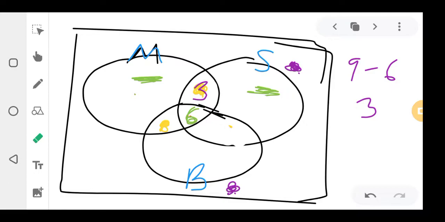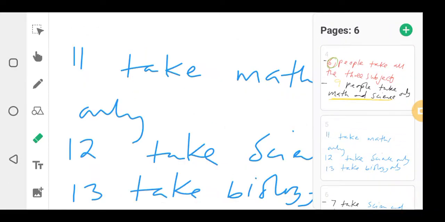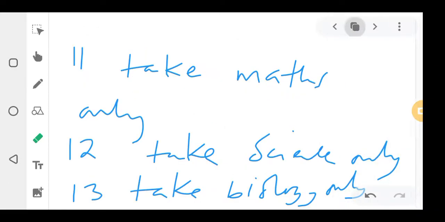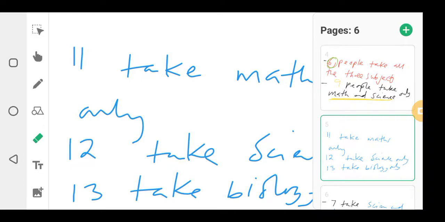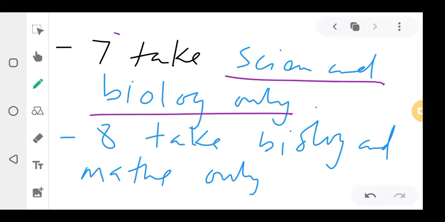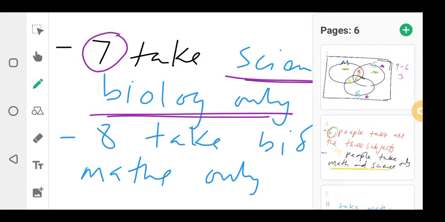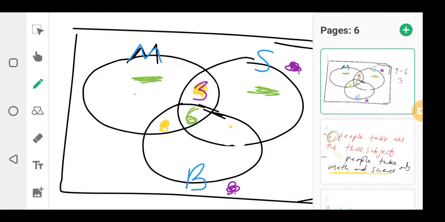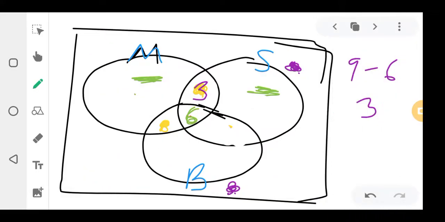So look, where are the science and biology people? 7 people took science and biology only. So I come there. Science is here, biology is here.